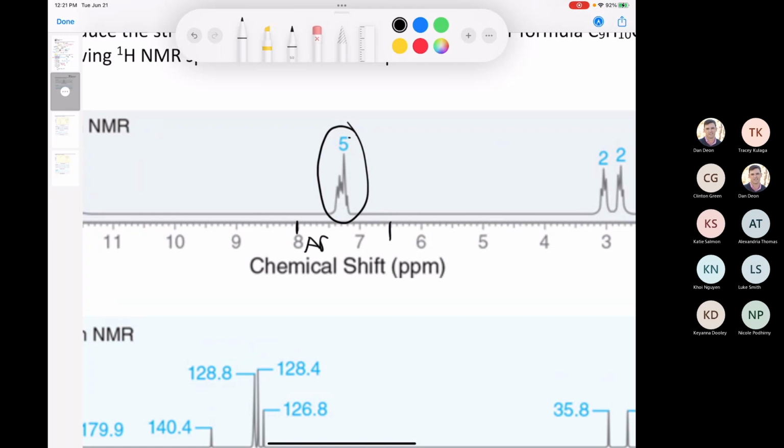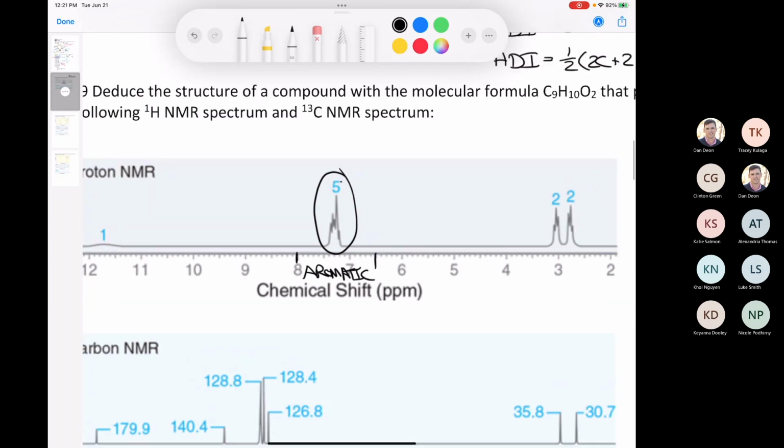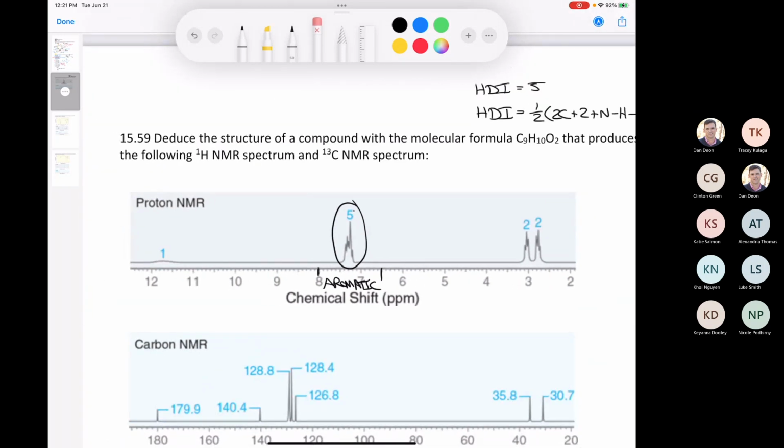Exactly, they are aromatic. So if you have 5 aromatic protons, there's a good chance that you have an aromatic ring in the molecule. And if there's 5 aromatic protons, that suggests that there's only one thing attached to the aromatic ring.